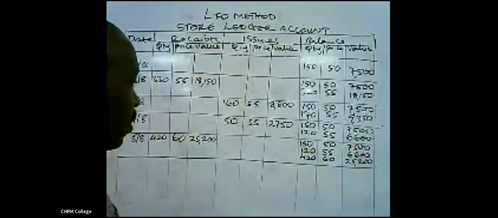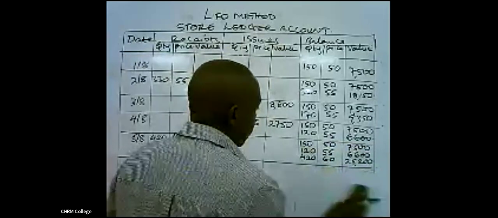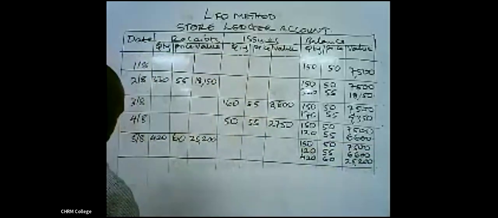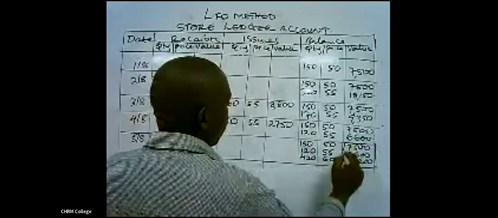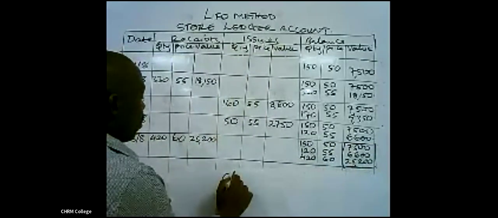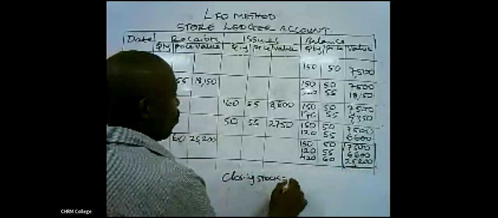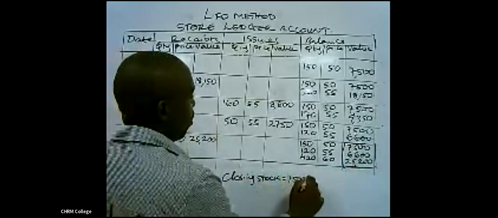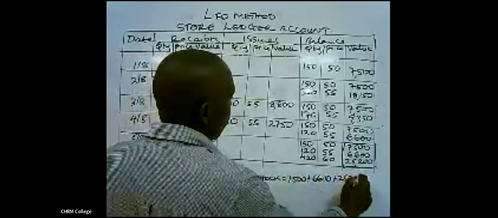If you are now asked to compute the value of the closing inventory using the LIFO method, the closing inventory is the sum of what we have in the last cell to the right hand side. So the closing stock value is 7,500 plus 6,600 plus 25,200.